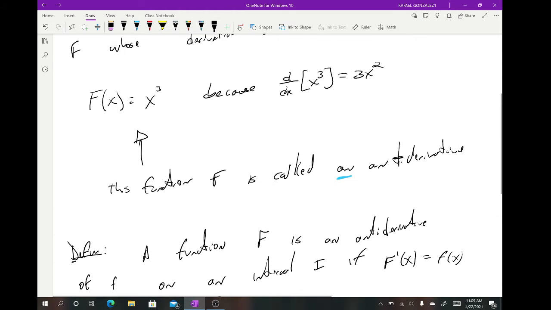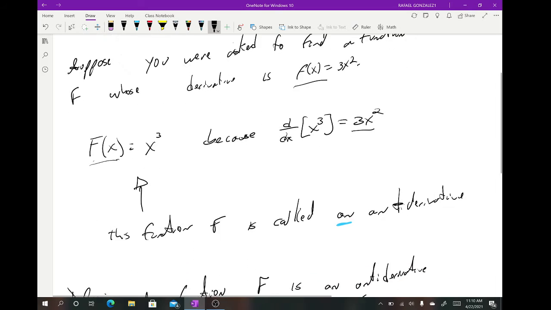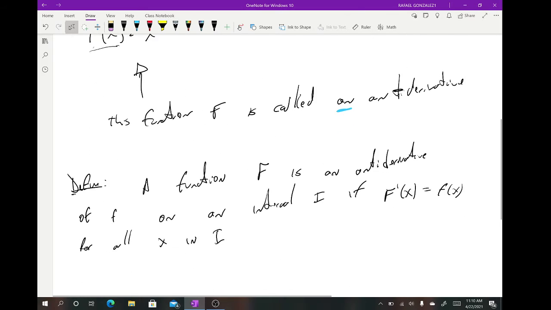Much like here, the derivative of this capital F is 3x squared, but that was our little f.